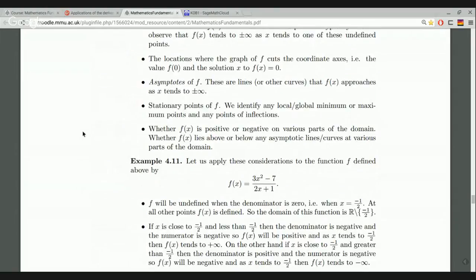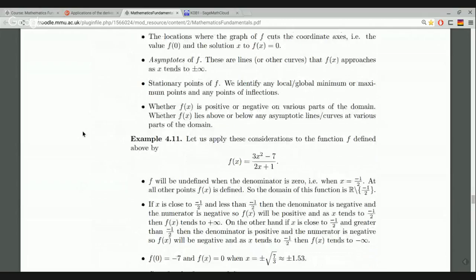And then stationary points. This is where the derivative is coming in explicitly. Are there any turning points in the function? Are there any local minimums and local maximums? And we'll want to render those into our sketch accurately. And then we try to put all this information together and avoid any glaring mistakes in producing your sketch.